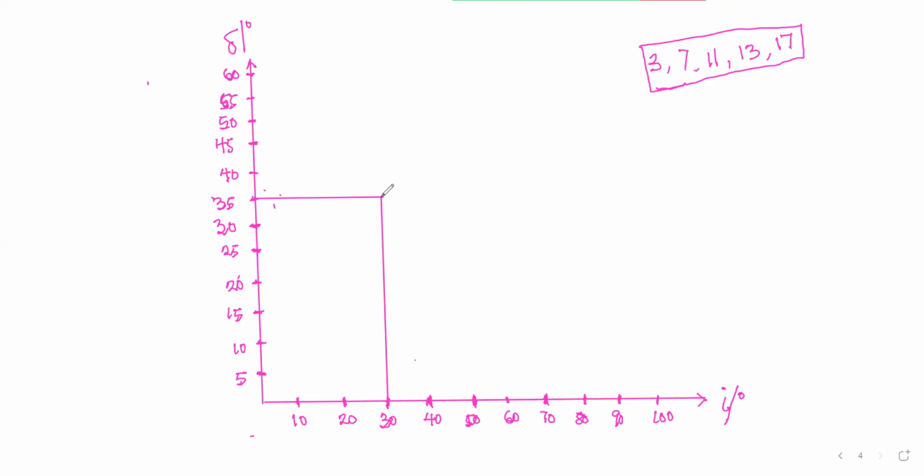Once they are intersecting here, I indicate my point here. Then 30 is going with 40. Oh, what has happened to my vertical line? Good. 30 is going with 40.